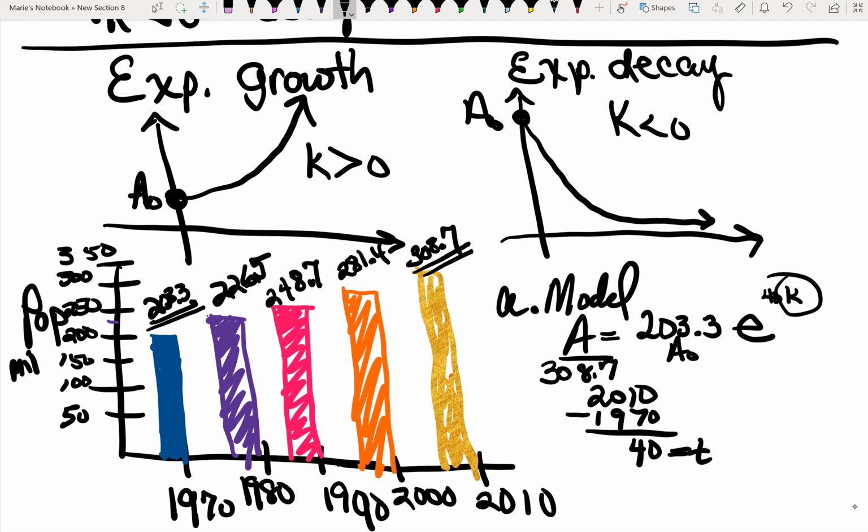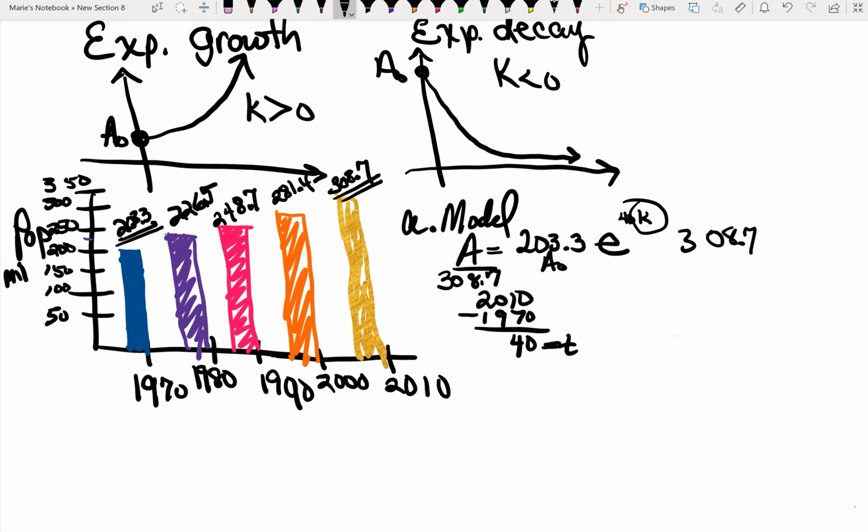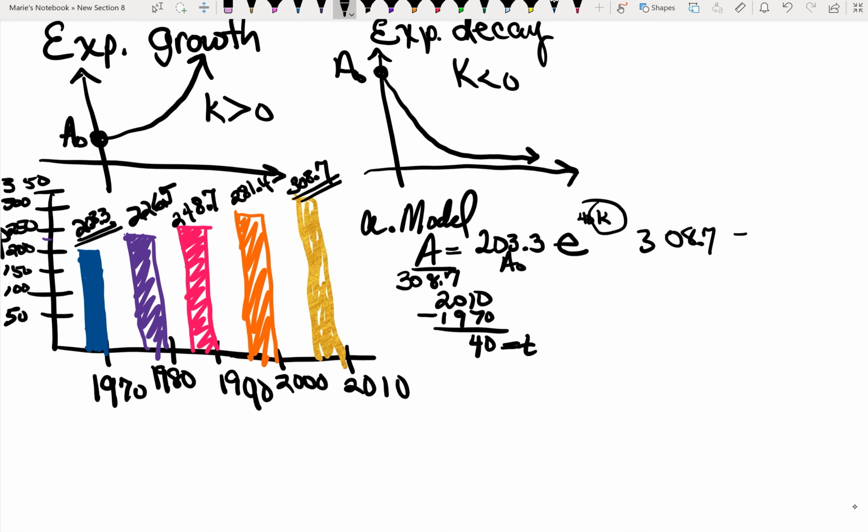And so in doing that, we will use 308.7 is equal to 203.3 E to the 40K, because these are things we do know.